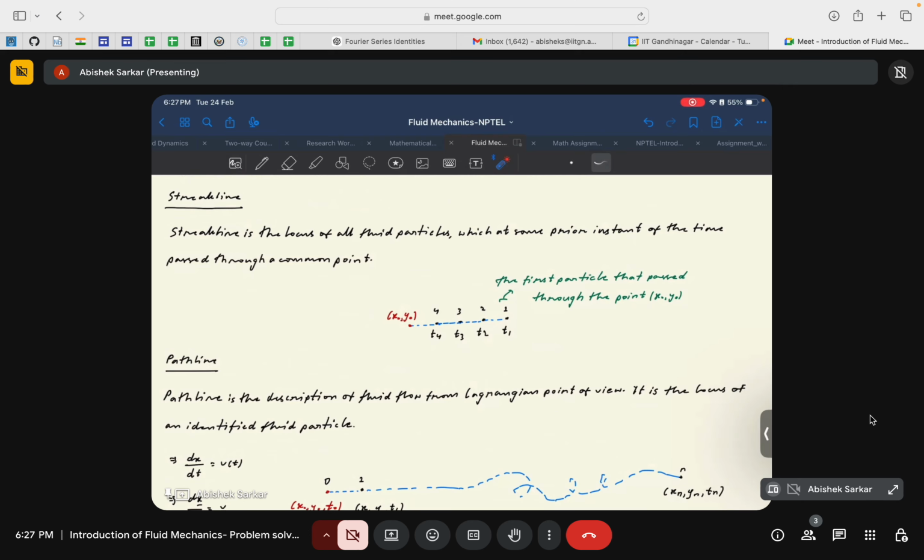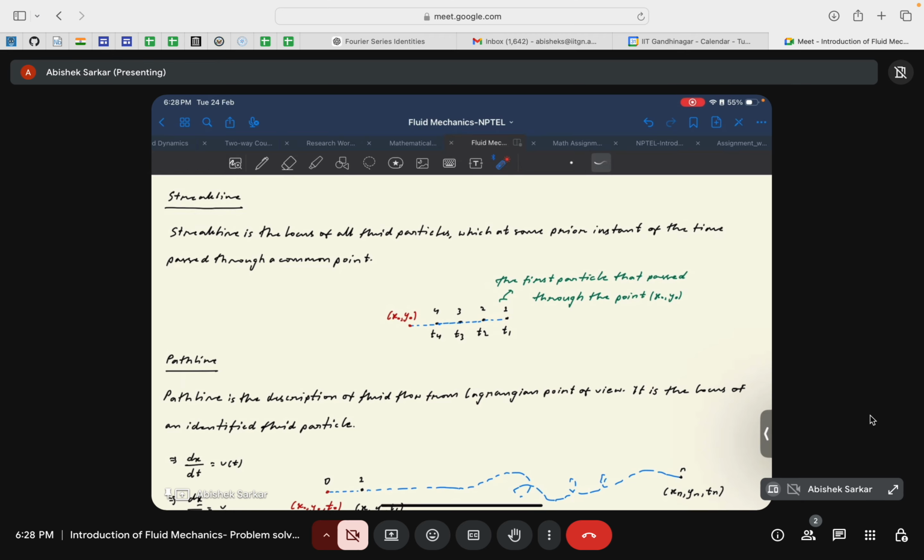The first fluid particle was injected at time t1, then it moved a distance of t1 times velocity v1. So it has moved a certain distance. Then you inject another particle from the same point, and it has moved a certain distance up to t2 times v2. Similarly, you inject particle 3, particle 4.